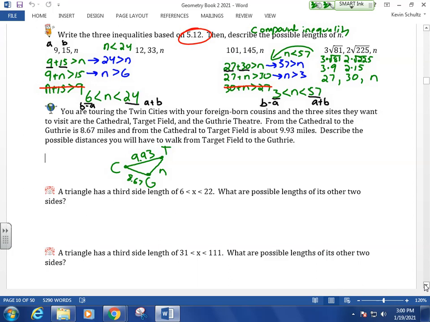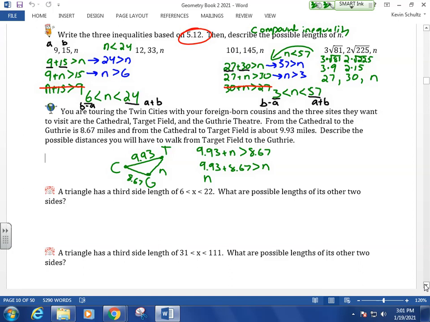Okay, so using the triangle inequality theorem, we know that the sum of two of these sides must be greater than the third. So the three inequalities we can write: 9.93 plus n is greater than 8.67. We know that 9.93 plus 8.67 has to be greater than n, that third side.